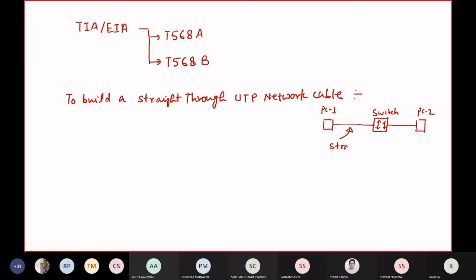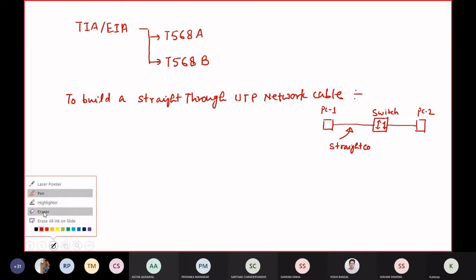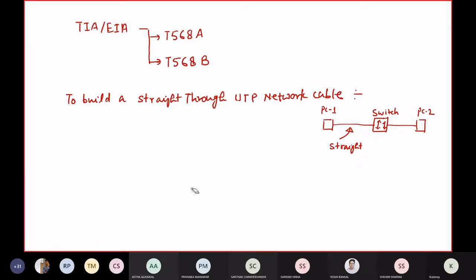Straight through connection. Let me erase this. Straight through cable connection.